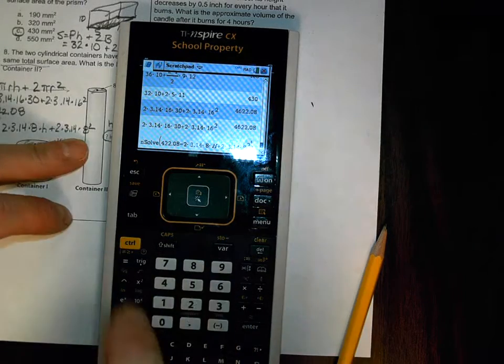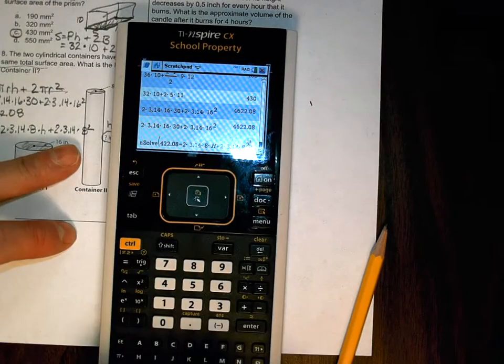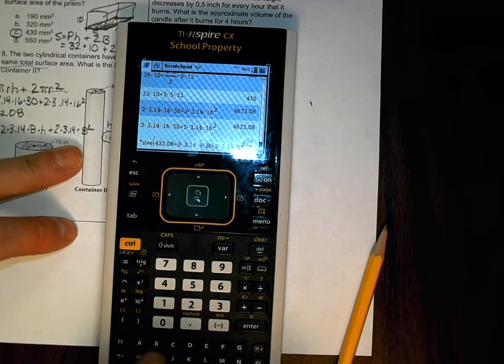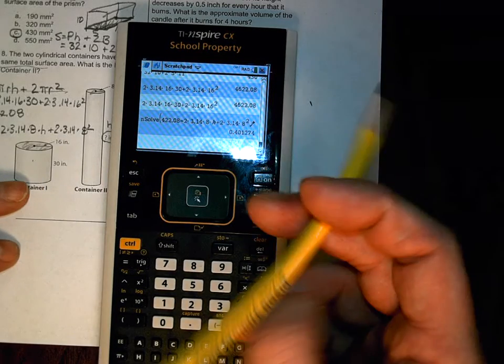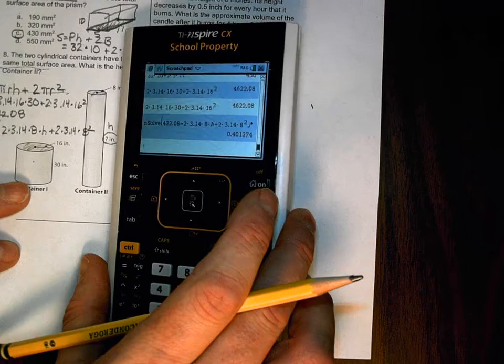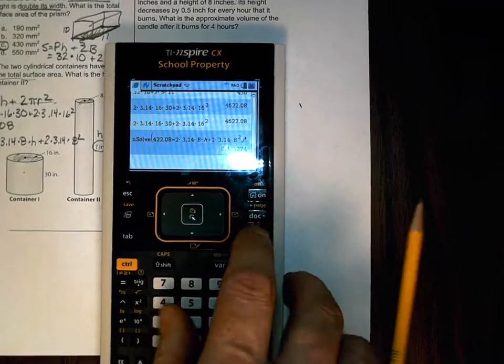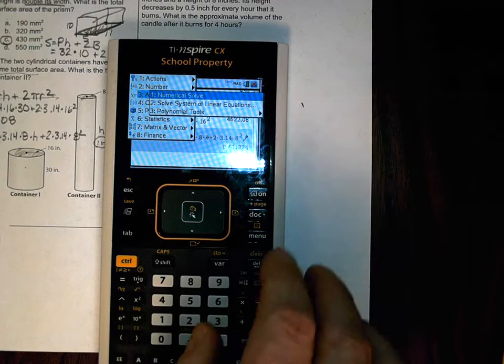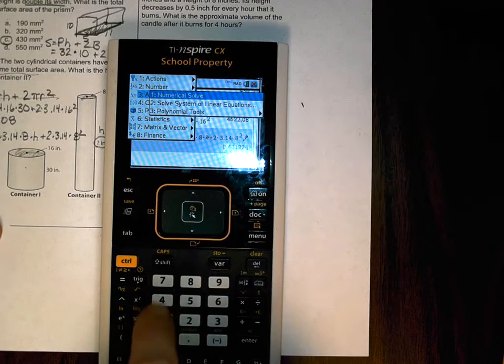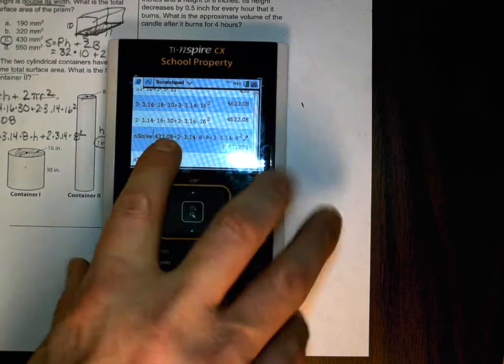And now the important part, remember NSolve, use your comma and tell it what you're trying to find, in this case H, and hit enter. We find that I didn't type 4622. Now I get to retype it all again. Menu 3, well actually somebody showed me they could do that. Oh well. I have to retype it because I didn't type 4622.